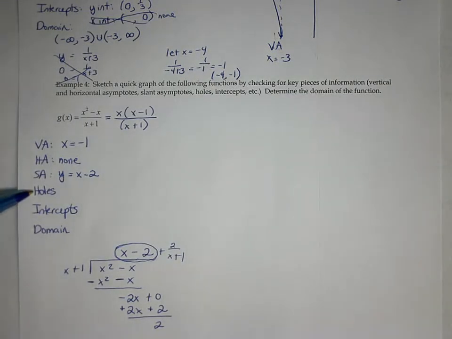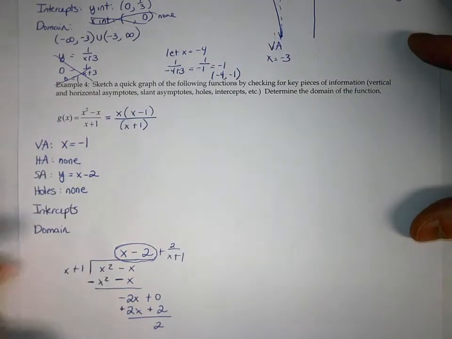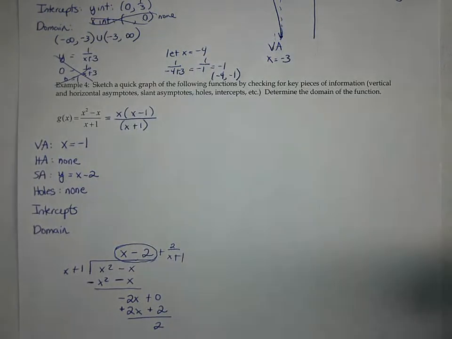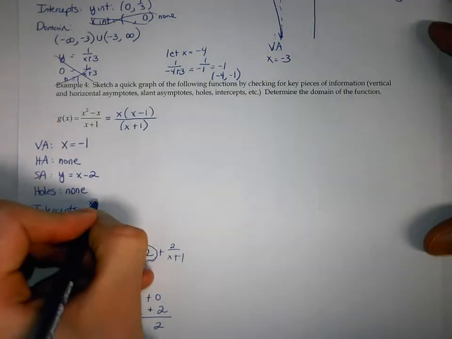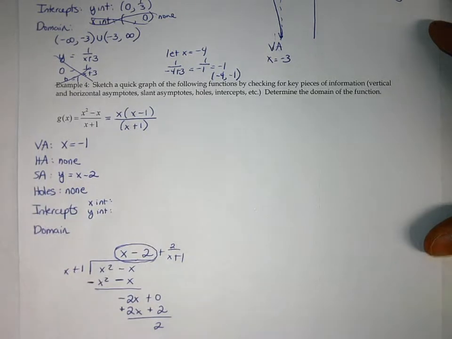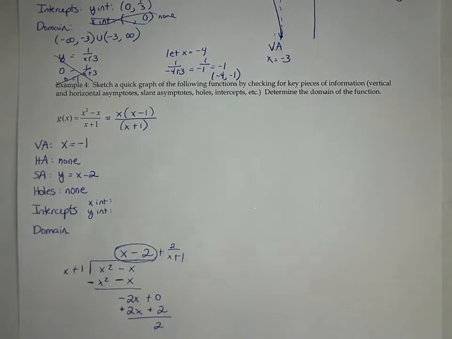The fourth characteristic here, holes. Holes occur when the factors do cancel out. We've got no factors that cancel out, so on the holes we're going to say none. If we look at our intercepts, we've got our x-intercepts and our y-intercepts. The x-intercept is when we set y equal to 0, and our y-intercept is when we set x equal to 0.